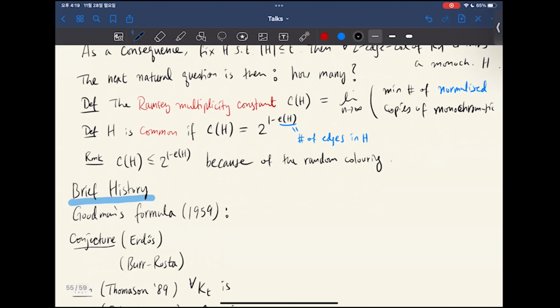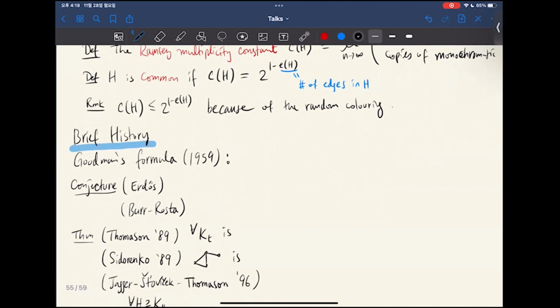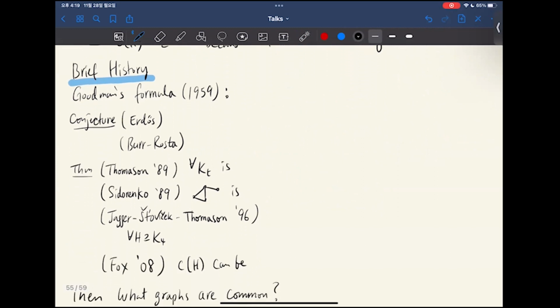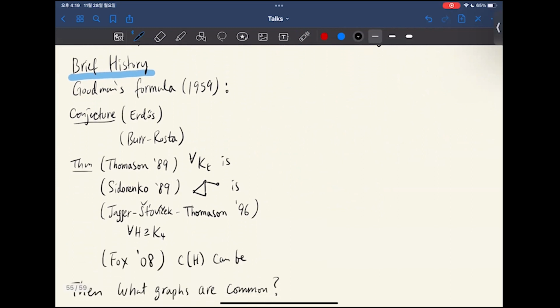Many of you would be familiar with these basics of graph Ramsey theory. And here's a brief historical overview. So the first example of common graphs is by Goodman. Goodman's formula essentially states that a triangle is common. This is an easy consequence of Goodman's formula.